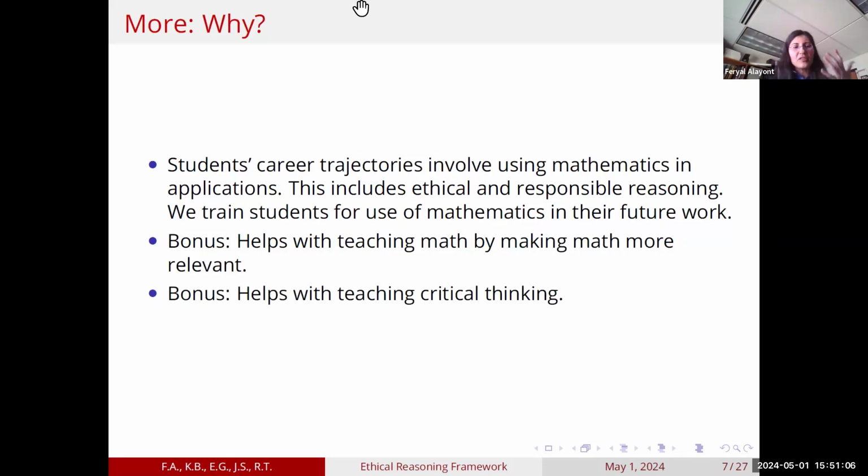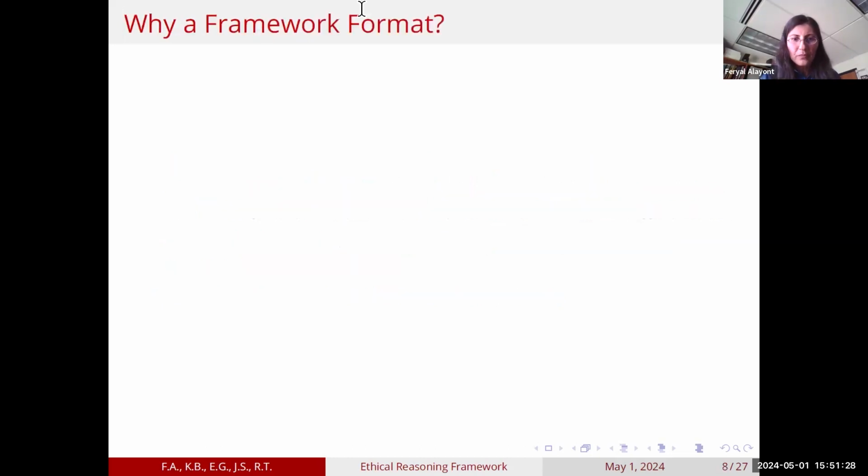And as I mentioned, some of the skills of ethical reasoning and critical thinking overlap. So if we're teaching ethical reasoning and asking students to identify their assumptions, well, that's part of critical thinking skills. So we're getting a bonus skill about something that's important to the university and to the general public.